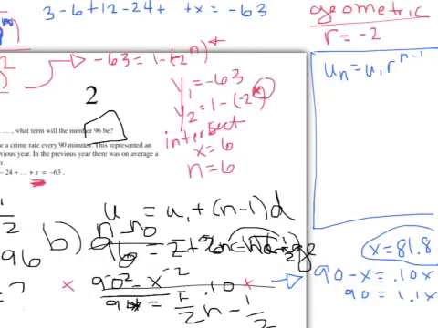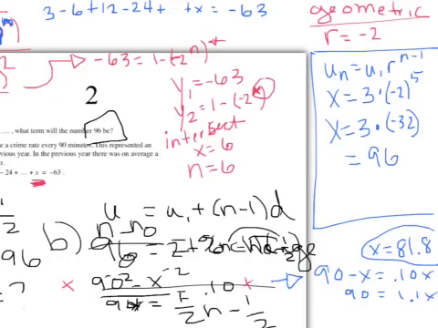So my un is my x equals, my first term is 3, my r is a negative 2, and my n is a 6, so 6 minus 1 is 5. So x is going to equal 3 times negative 32, which is going to be equal to 96.